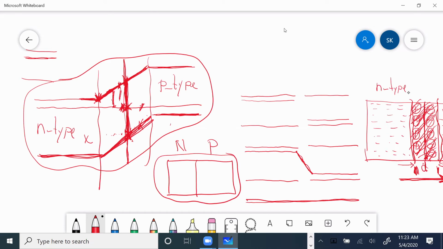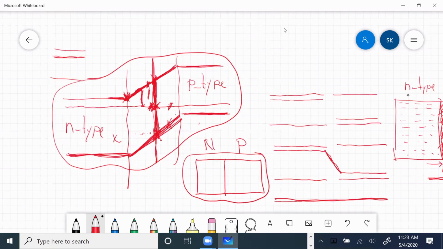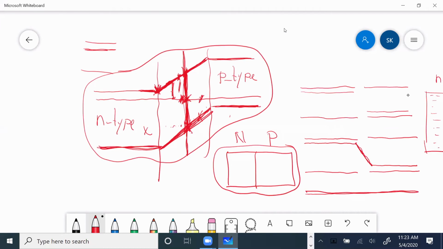Great, so far so good. Now, this was obviously with applying no external energy, no battery, no bias, nothing. This was just a pure connection between an n-type and a p-type.